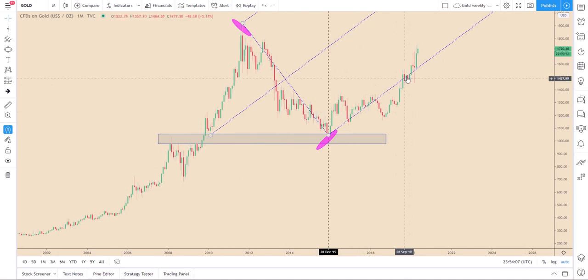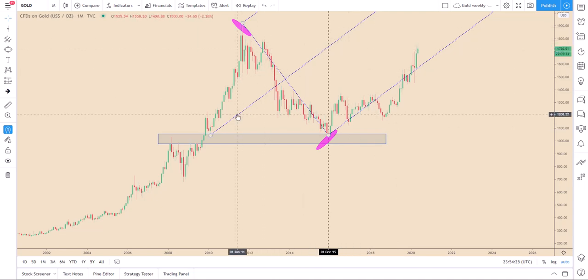And see, so this fork doesn't work well. I can see that price is interacting with this lower median line here, but the fact that price has dropped below that line, I'm not real keen on that.